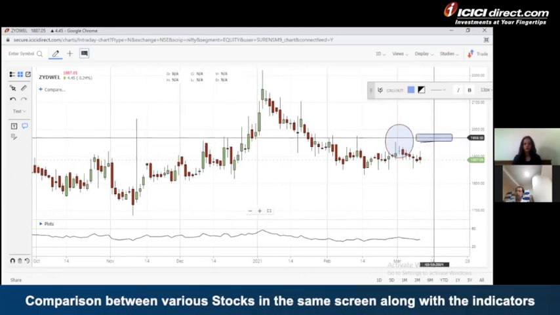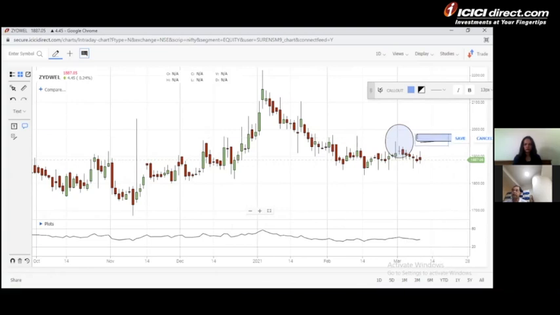I would like to write base formation. Just save here, where there is a button of save. It is getting saved.